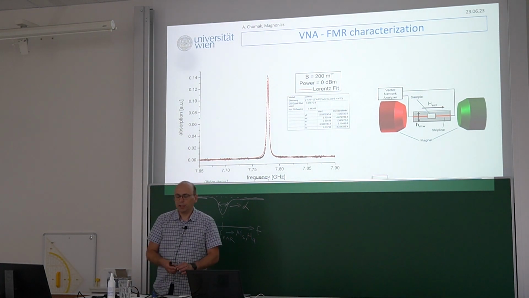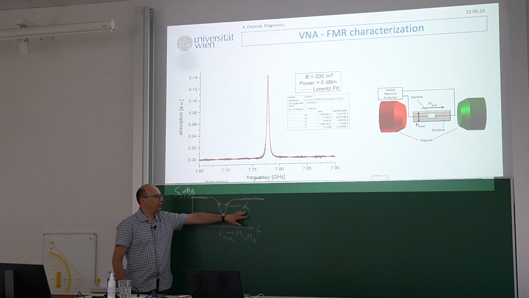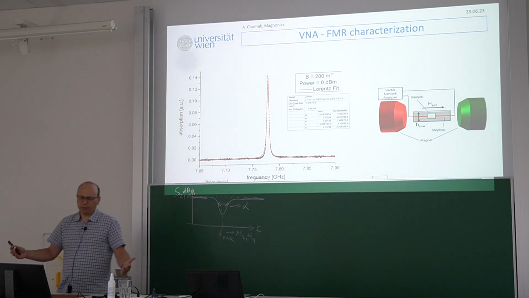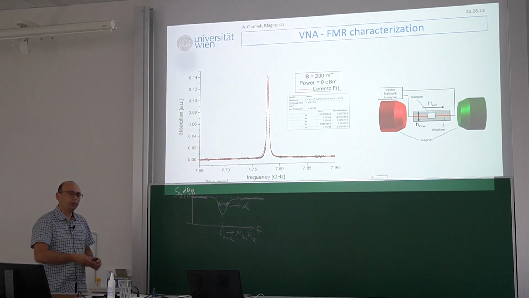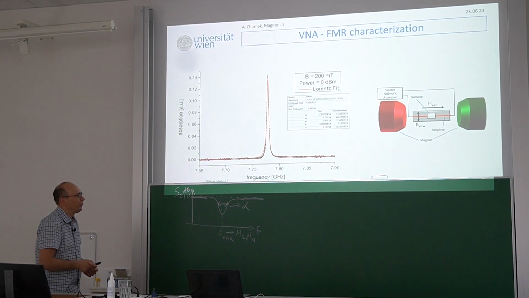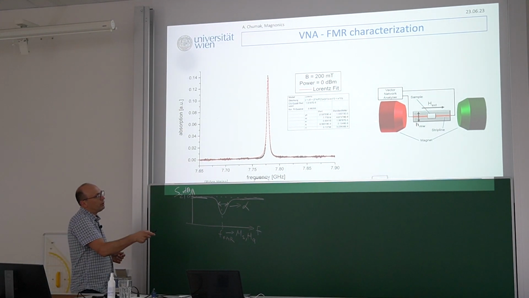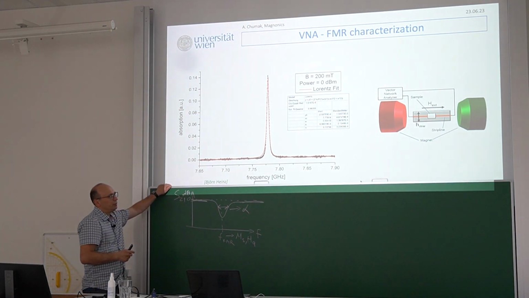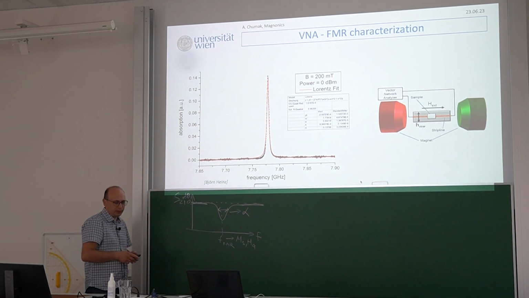And principally, if you want to measure alpha properly, you need to scan in a broad range of frequencies. The broader the better. Then you should be able to have a nice linear slope, and you will determine your alpha with high accuracy. And because you are able to work with any field at any frequency, it's named broadband, and the majority of experiments done nowadays are done like this.